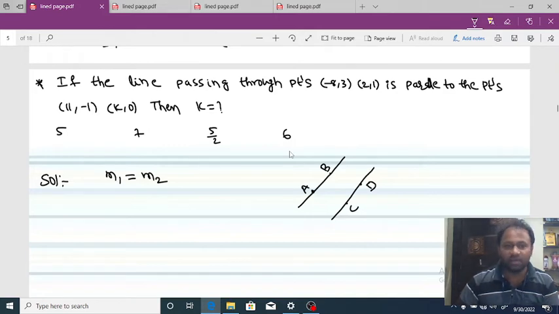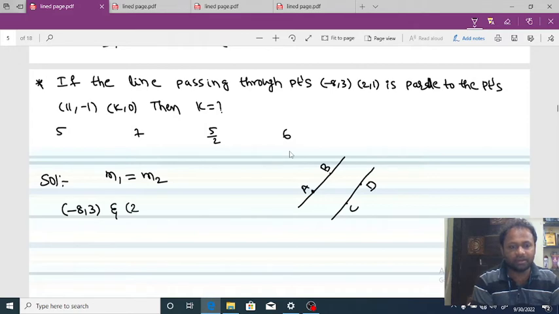Now let us check. For m1, the first point is minus 8 comma 3 and 2 comma 1. Just a moment.